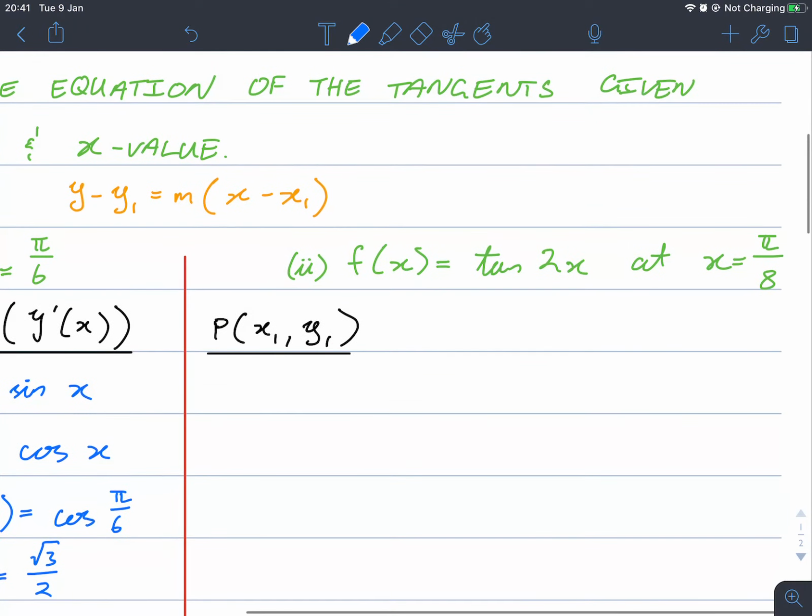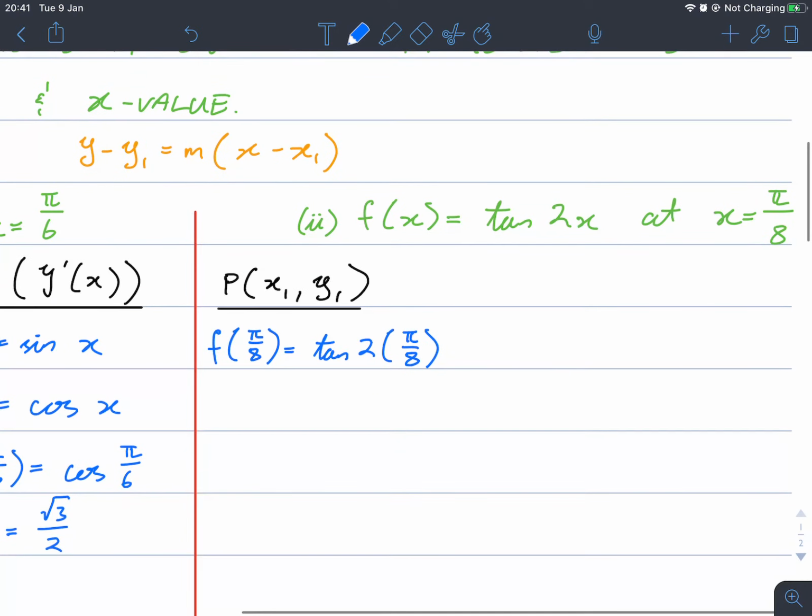So let's substitute pi on 8 into our function here. Function f of x, so it's f of pi on 8 equals tan 2 times pi on 8. Well, this is just tan pi on 4.